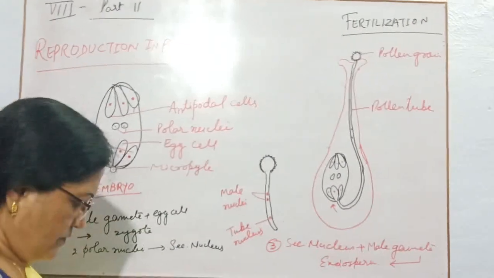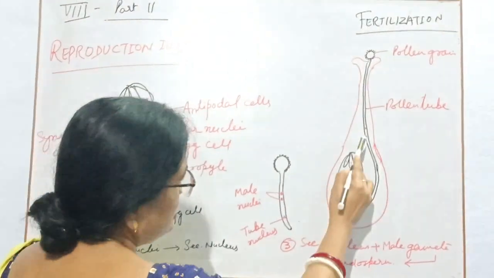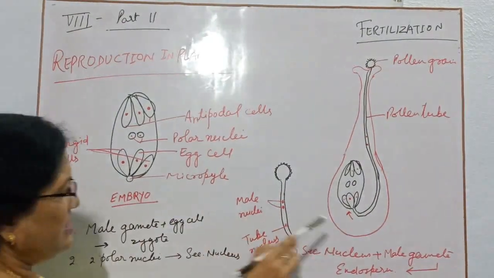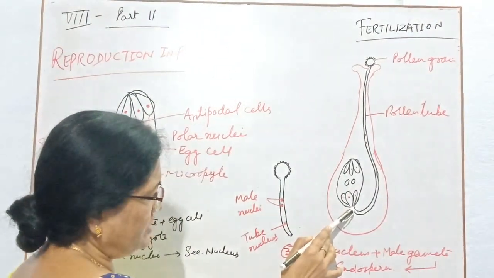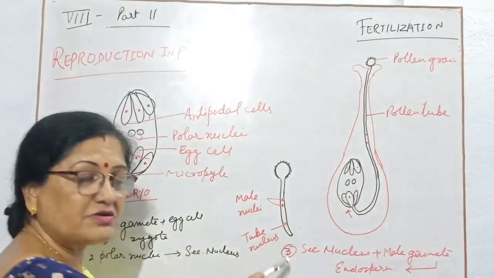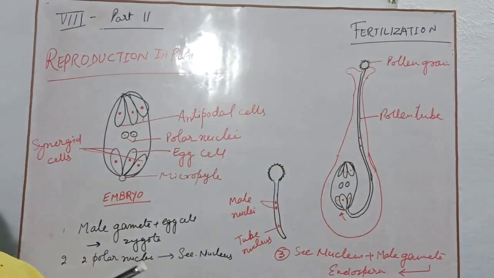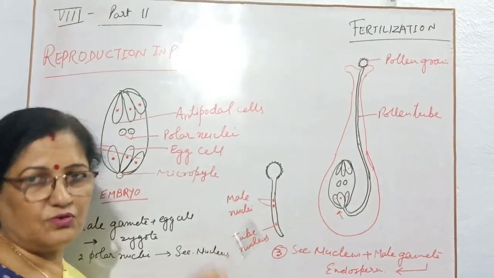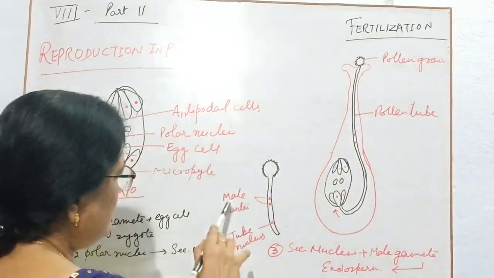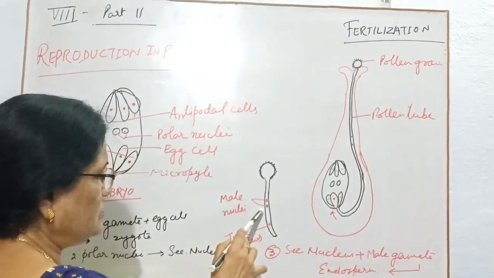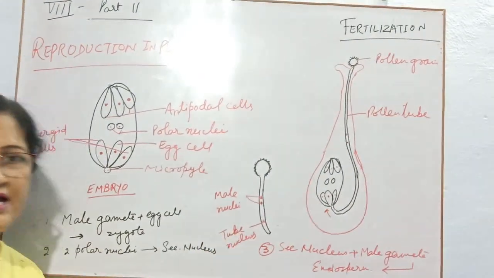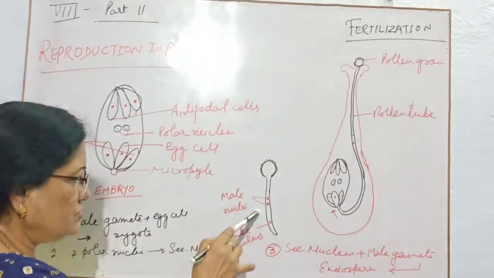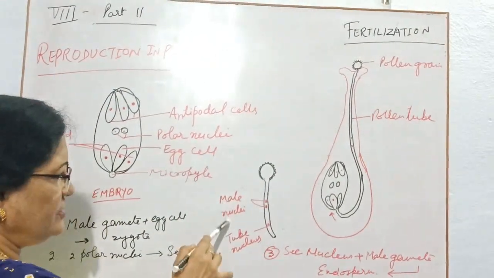Now, according to this figure, when it reaches the micropyle, the tube nucleus will die or be destroyed because the formation of the tube is over. Now, the one male nucleus divides into 2 parts. One male gamete divides into 2 nuclei, and then they are known as male nuclei.